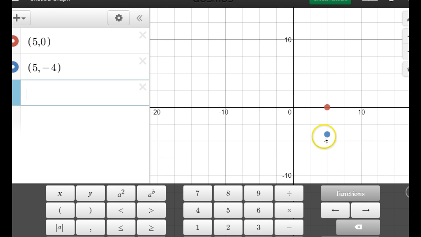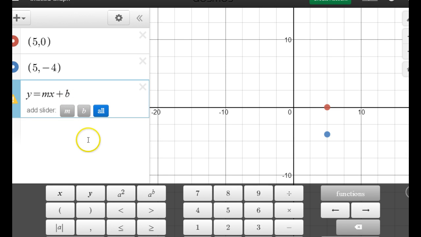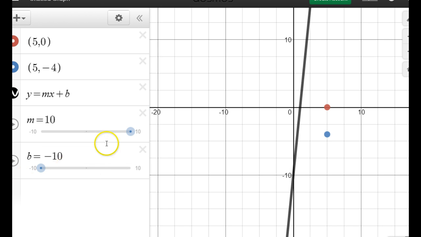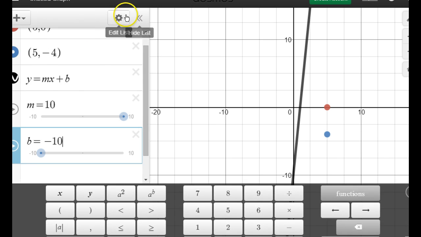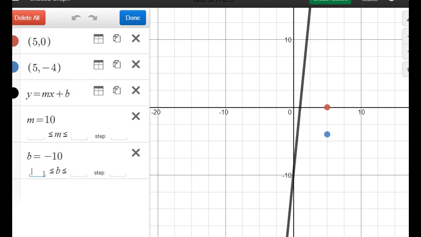Okay, what kind of line is this? It's a special type of line. Well, if you try doing slope-intercept, can you get this line to ever go through these 2 points exactly? Is there any way to do that? If I made this from -100 to 100.